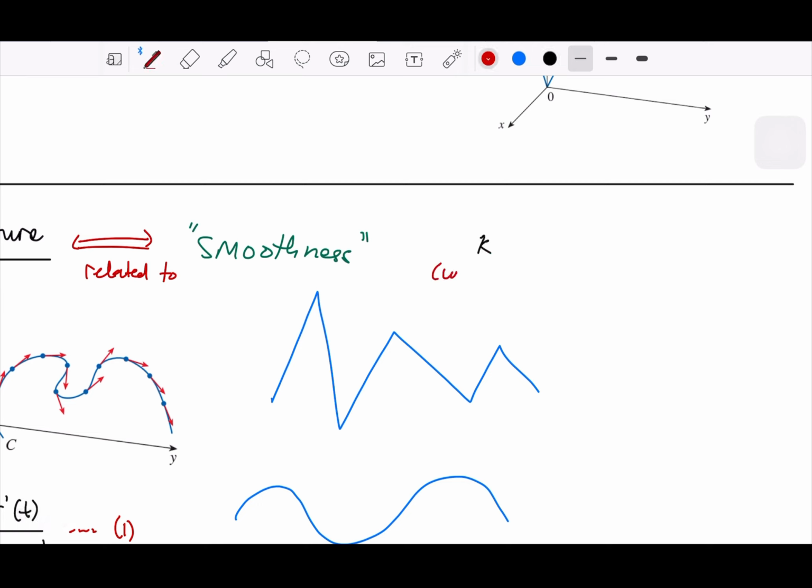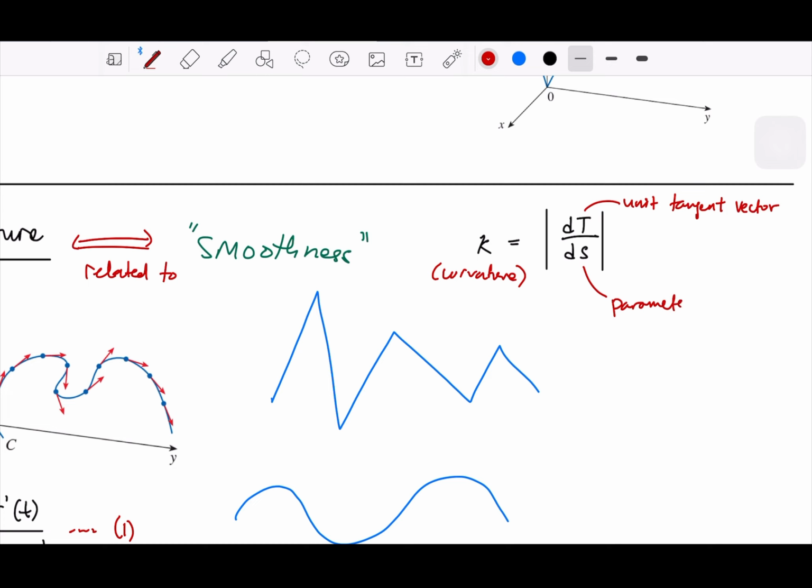Curvature is equal to, so this is the unit tangent vector, and this is the parameter.